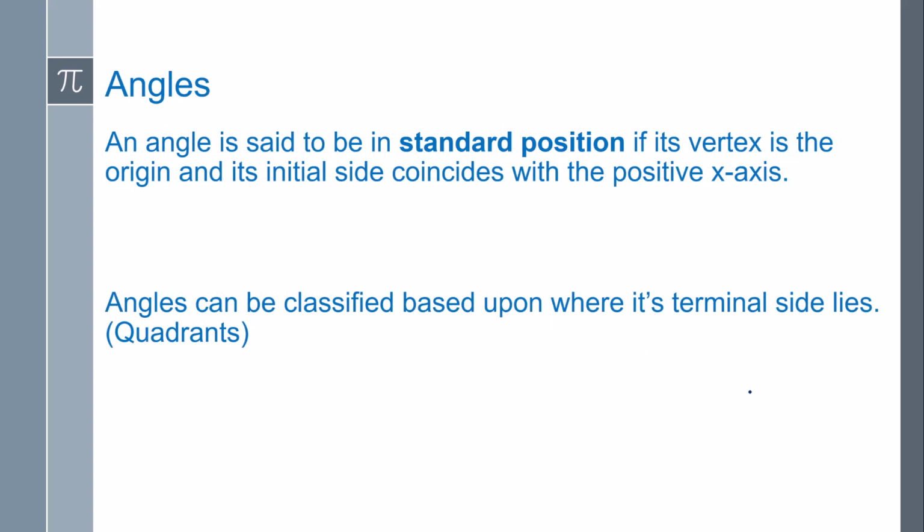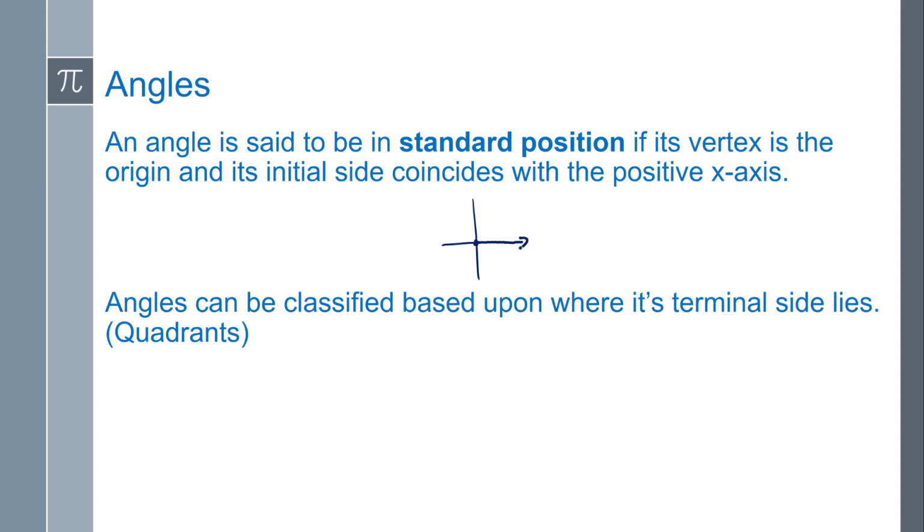Now, we use this thing called standard position to help us with drawing our angles. And so essentially what we do is we take the vertex, we want the vertex to be at the origin, and we say the initial side is along the positive x-axis.